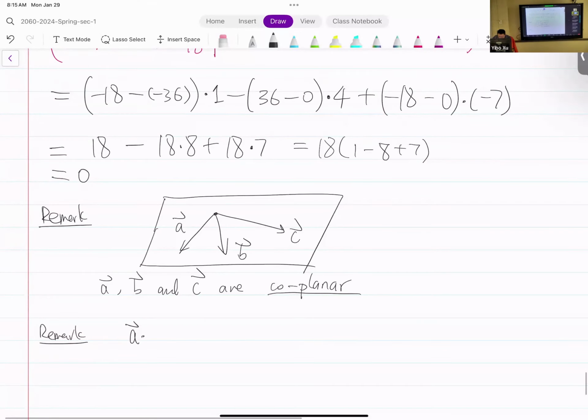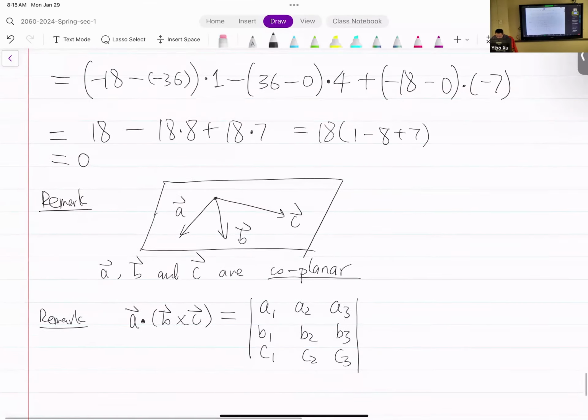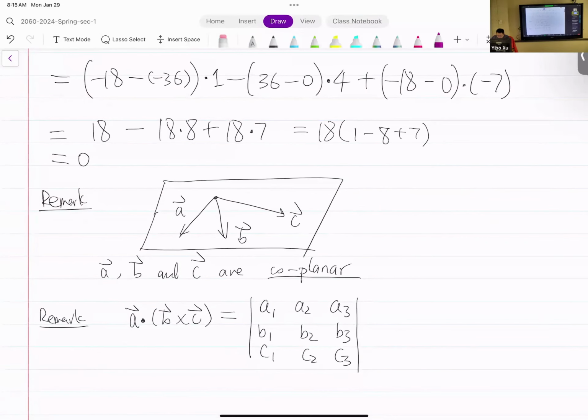When you put A dotting with B cross C, actually you can write it as the 3 by 3 determinant where you replace i, j, k by the components of the vector A. So in the future, if you want to calculate the volume of a parallelepiped, you can utilize this formula and start with this order 3 determinant directly.